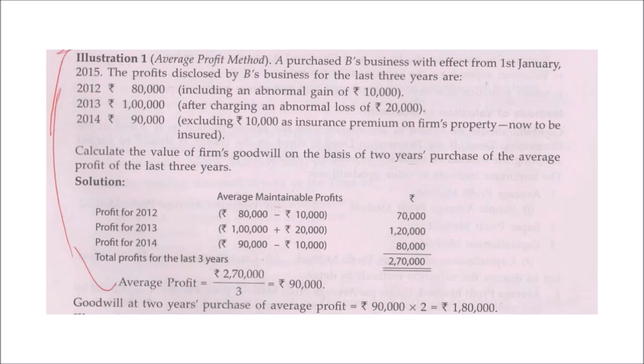From this question, first of all, you will have to calculate average maintainable profits. To calculate average maintainable profits, we have to subtract abnormal gain and add abnormal loss.